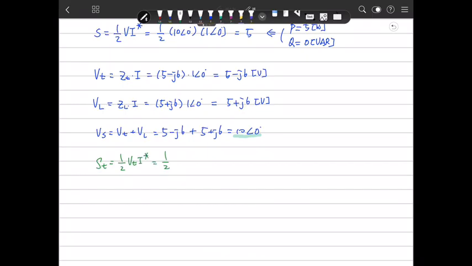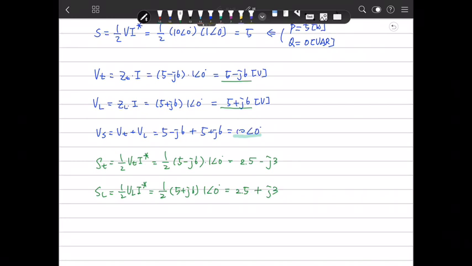Half Vt is 5 minus j6 and the current is 1 at 0. Therefore, 2.5 minus j3. How about SL, the complex power consumed in the load? Half VL I conjugate, where VL is 5 plus j6 and the current is 1 at 0 degrees. That is 2.5 plus j3.